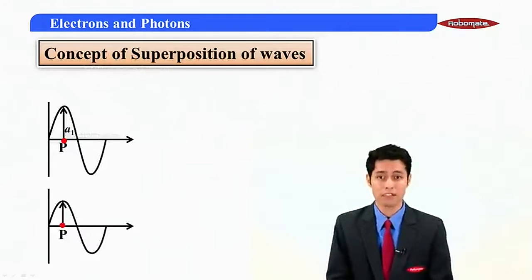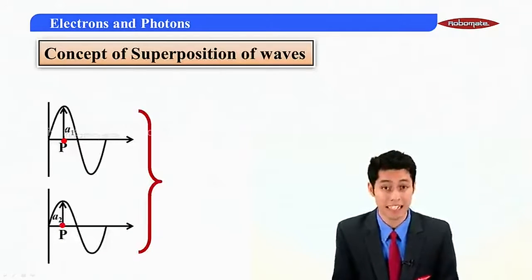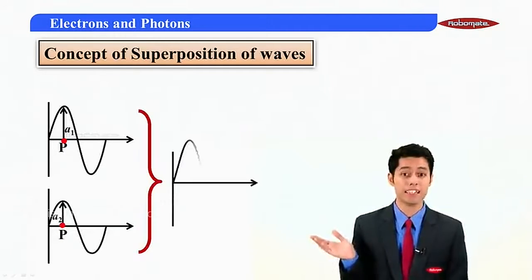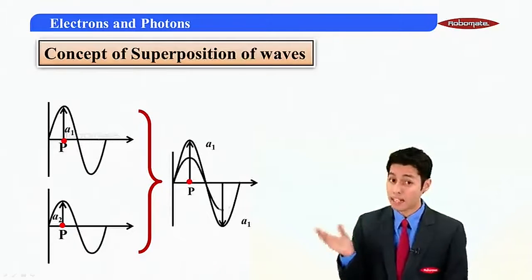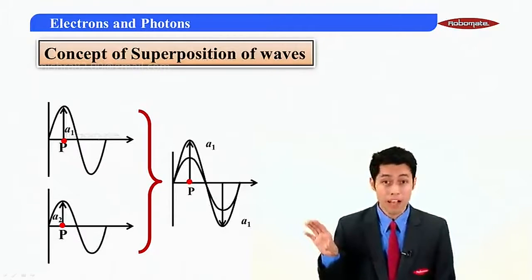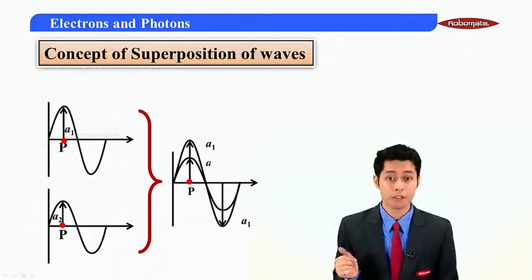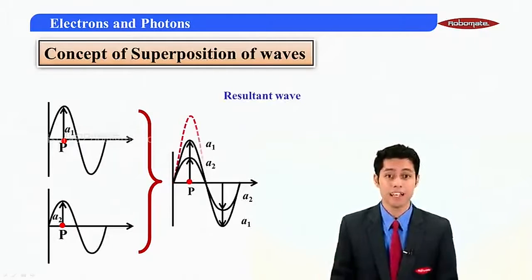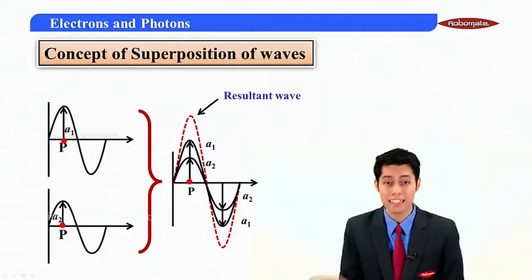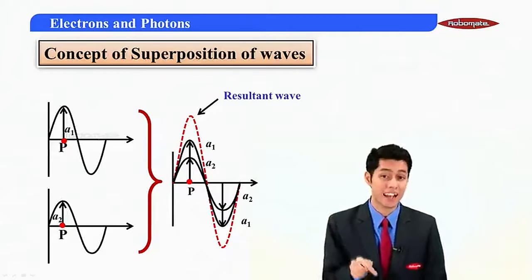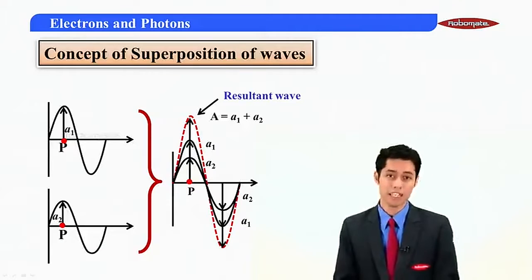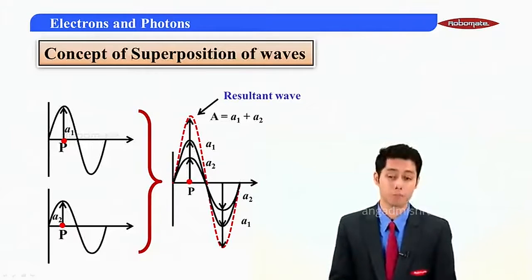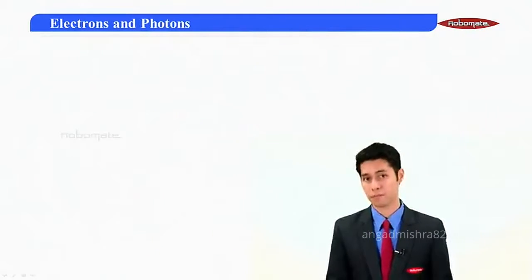Now when both the waves arrive at the same point simultaneously, they produce a resultant disturbance. You can see one wave reaching, another wave also reaching, both reaching together and producing a resultant disturbance. Now this resultant, students, is a larger crest and a larger trough, which is the vector sum of the individual waves. So this is one of the properties explained by the wave nature.